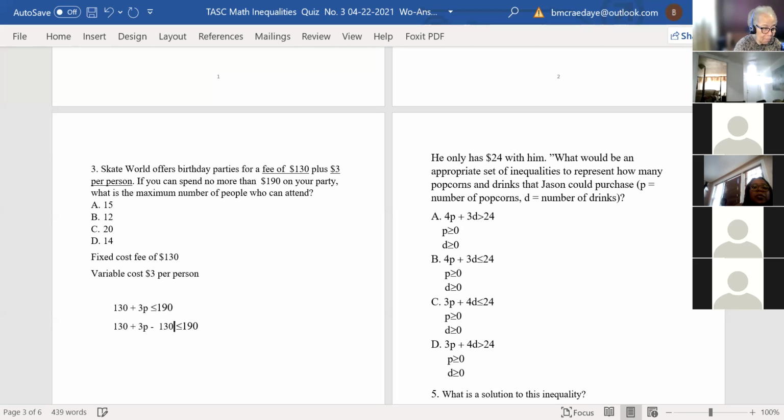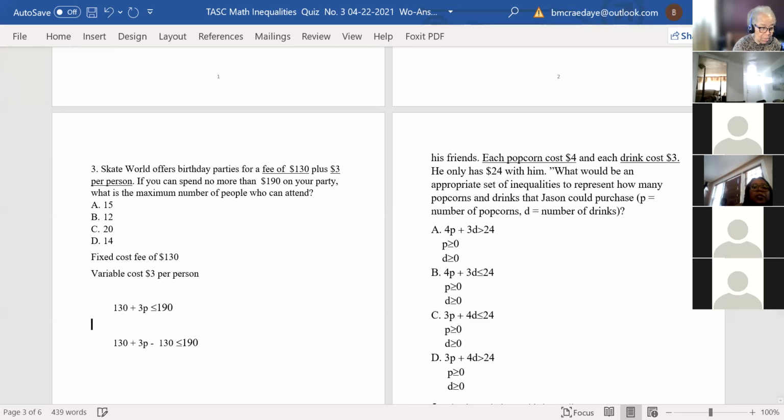Okay, so let's just put here what we're doing. We're subtracting 130 from both sides. So we subtract on the left and we have to do the same on the right to keep our inequality in balance, just like we do with equations.